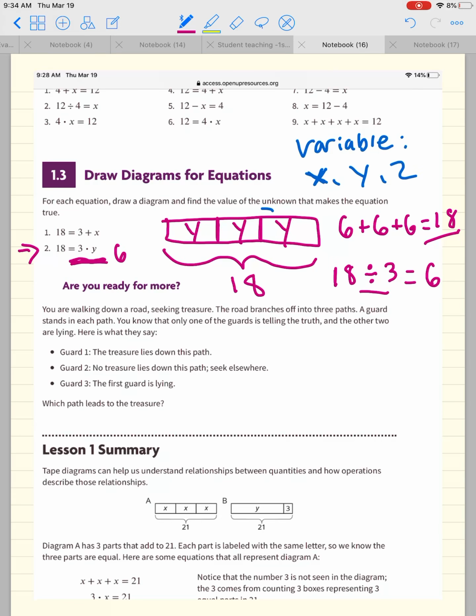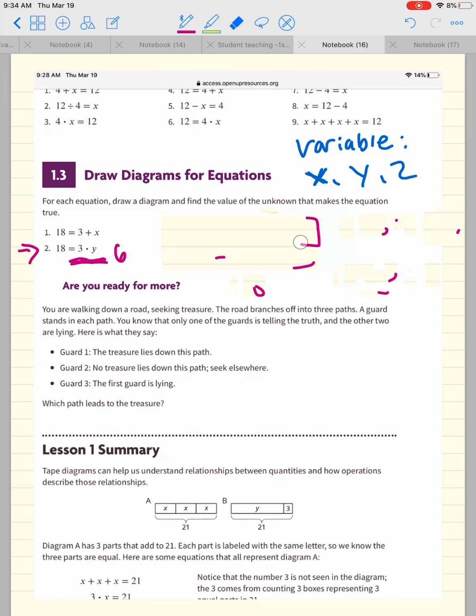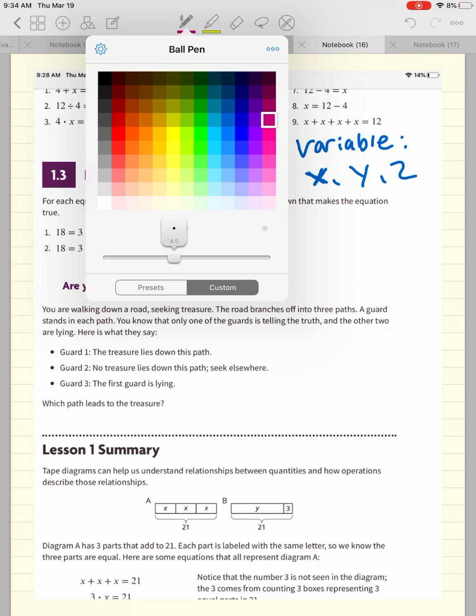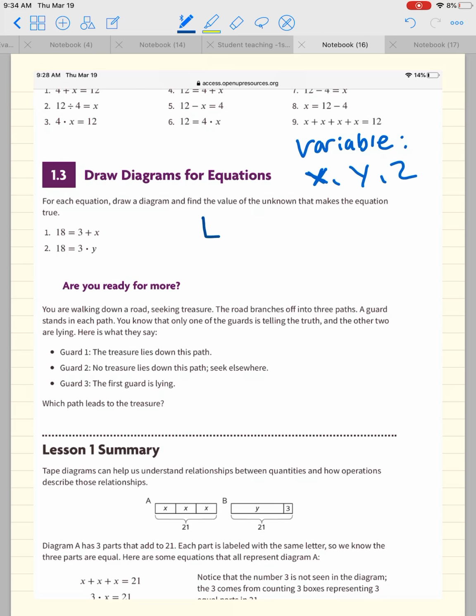Let's take a minute and go back to problem 1, or equation 1. We had drawn our diagram using two parts. We had x and we had 3, and they are equal to 18. So how could we figure out what plus 3 equals 18?